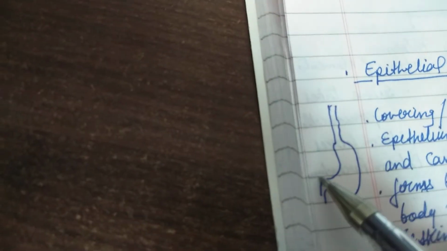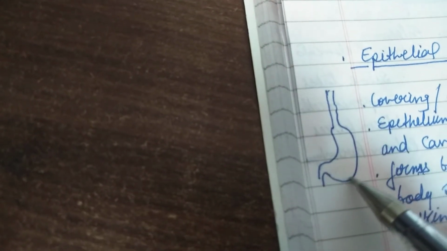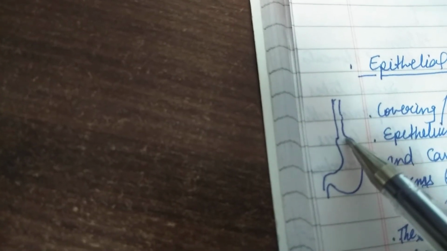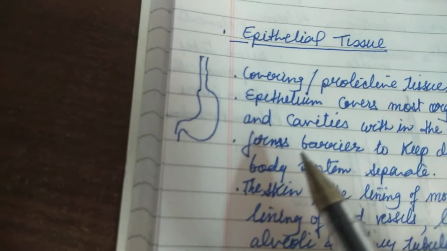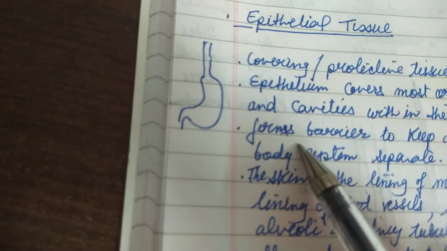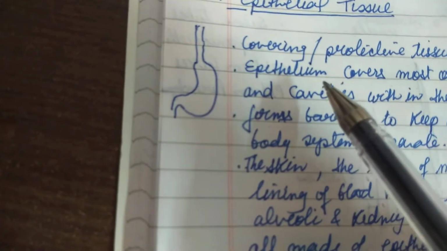The stomach has a cavity, and its lining is covered by epithelial tissue, like the lining of the esophagus. Wherever there is a cavity in the body, it is covered by epithelial tissue. So these are the covering tissues, and they are protective tissues.